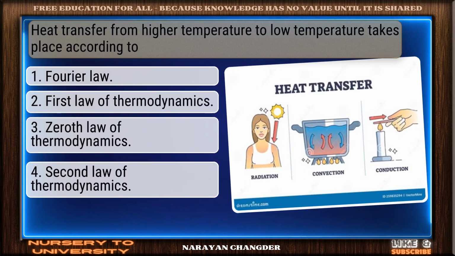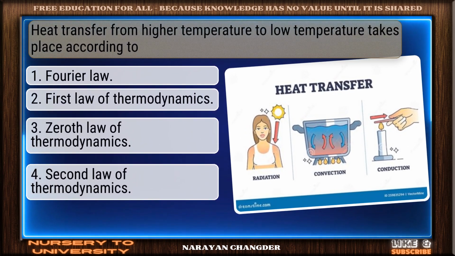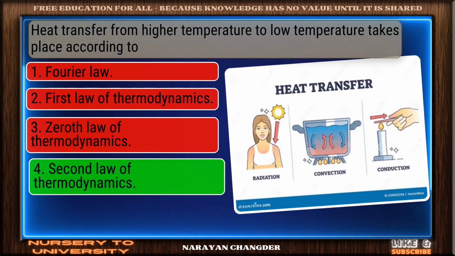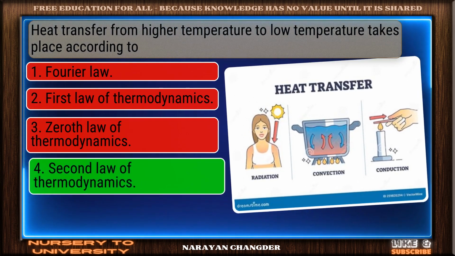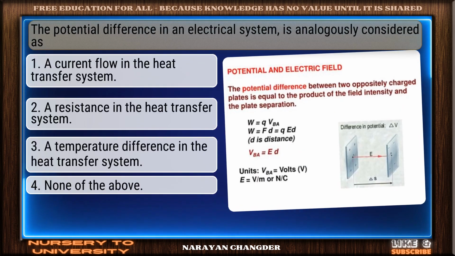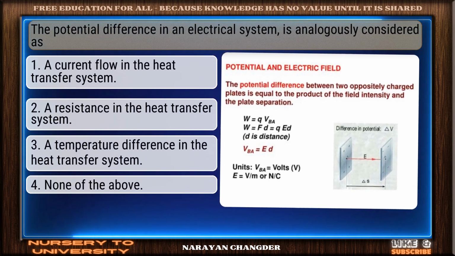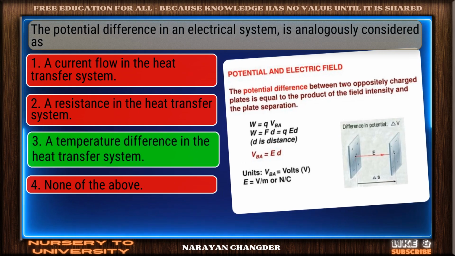Heat transfer from higher temperature to low temperature takes place according to. Smart pick. Second law of thermodynamics is the correct choice. The potential difference in an electrical system is analogously considered as. Nicely done.